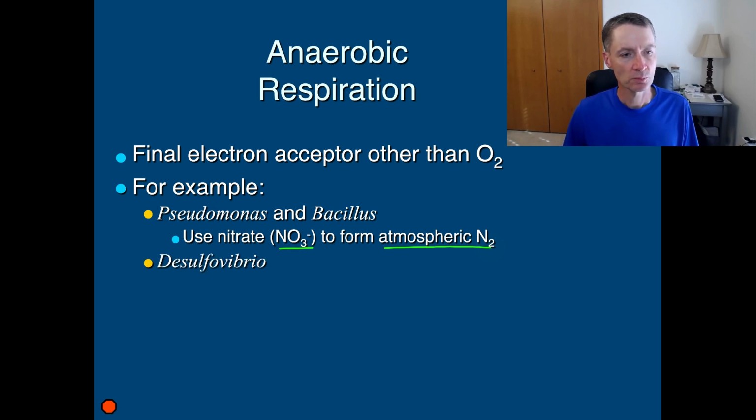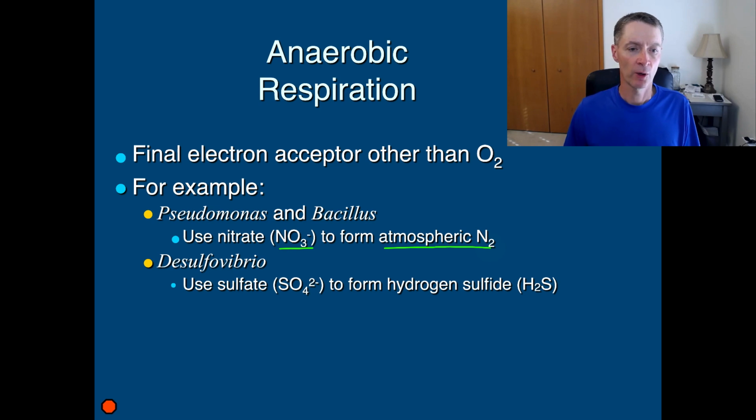Okay. Sulfur organisms like Desulfovibrio. This organism uses sulfate as the final electron acceptor and forms hydrogen sulfide molecules. These organisms are pretty abundant in Yellowstone, and the hydrogen sulfide they give off smells pretty nasty, like rotten eggs.